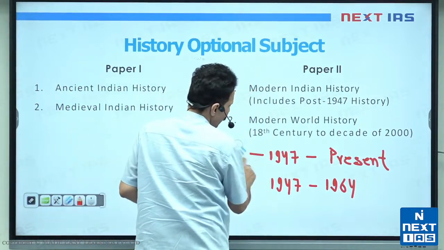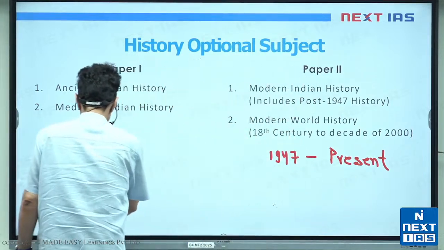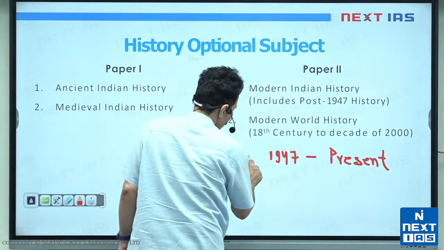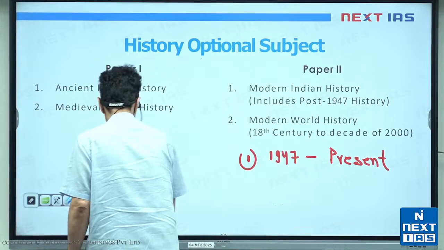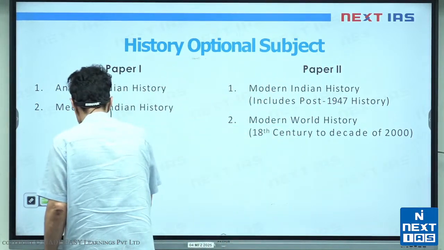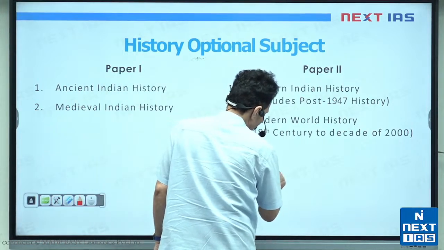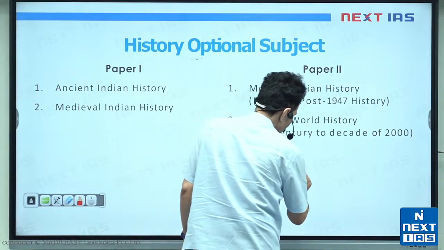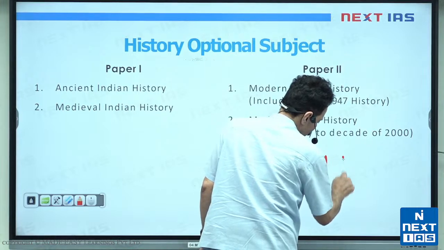plus you have more. And what is more in GS? One is this. This is more in GS. Rather, I should write this in a different way. What is more in GS? So more in GS is 1964 till present.